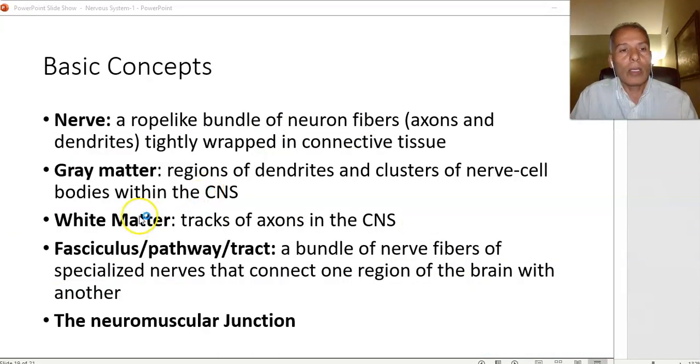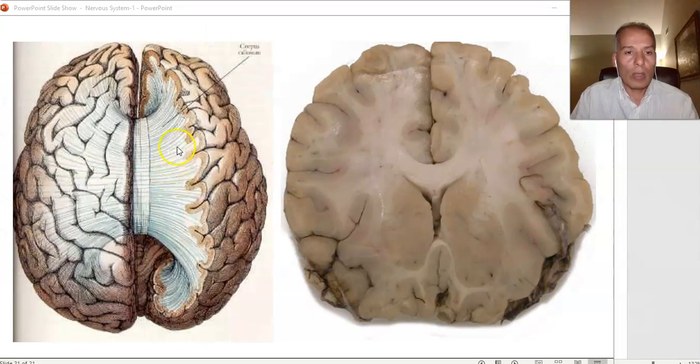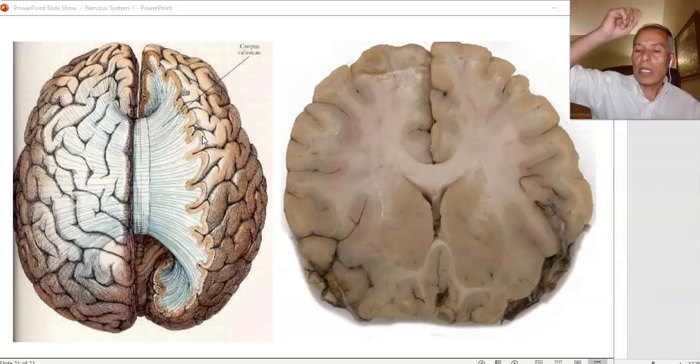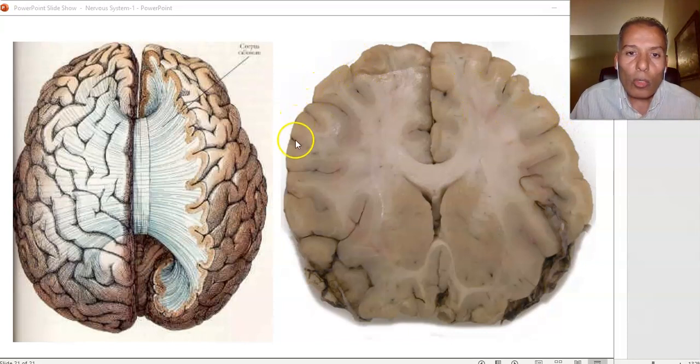The gray matter refers to the very top layer of the brain that's called the cerebral cortex.